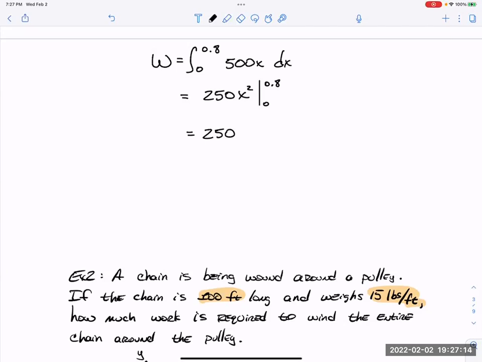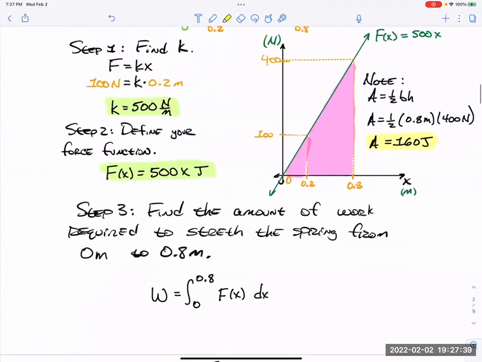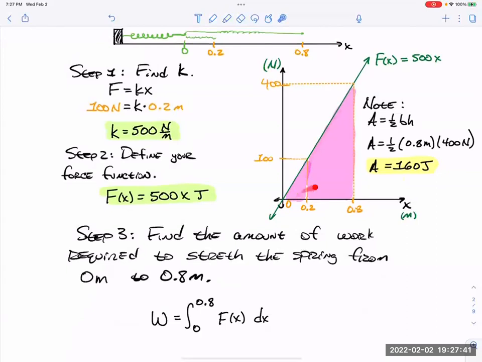When we plug in 0.8, we get 250 times 0.64. Subtract, and when you plug in 0, you get 0. If you calculate 250 times 0.64, you end up with 160 joules, which is the exact same answer we got when we geometrically found this area using the triangle.